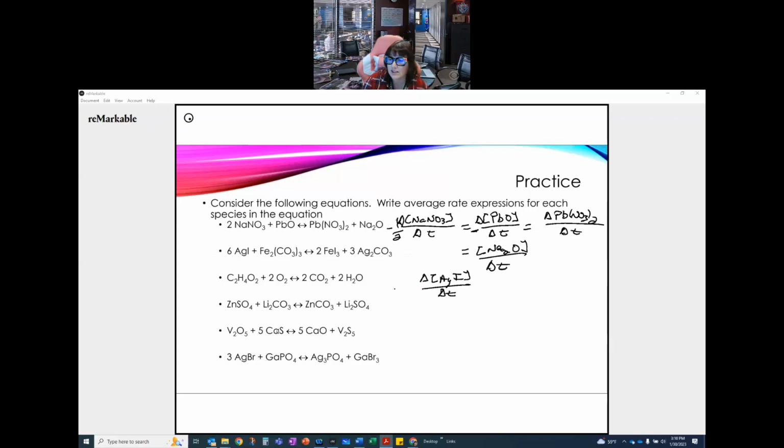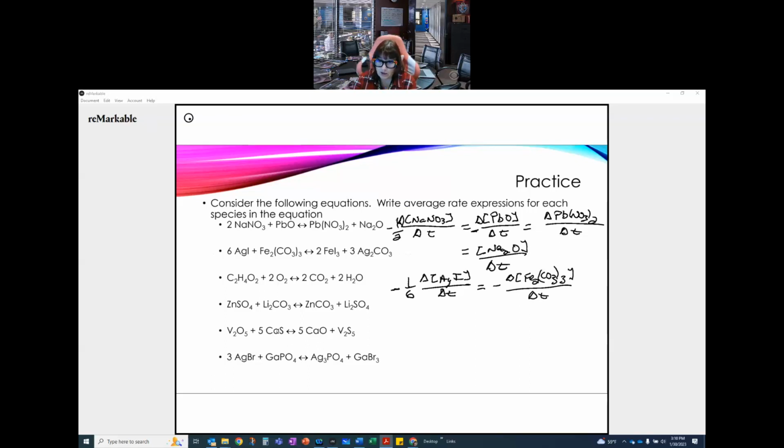It's going to be negative because it's a reactant, and 1/6 because there were 6 of them. That's going to be equal to the negative of the change in concentration of Fe2CO3 over the change in time. And we don't have to do any stoichiometry with that because it's 1.